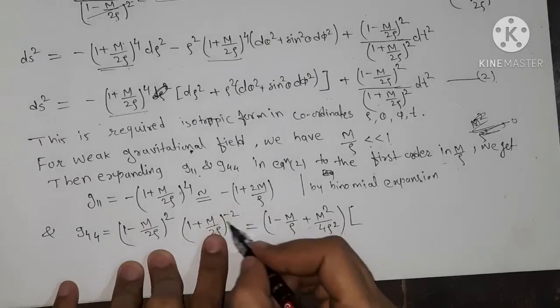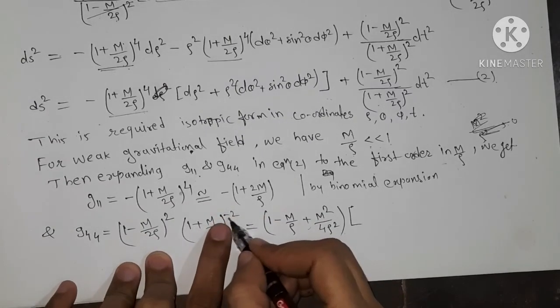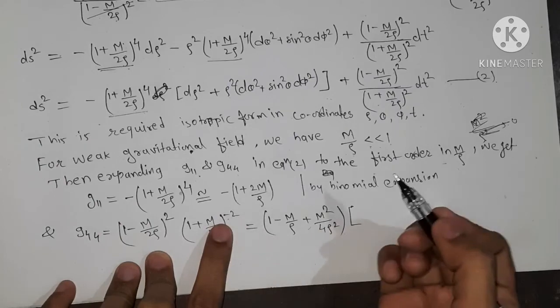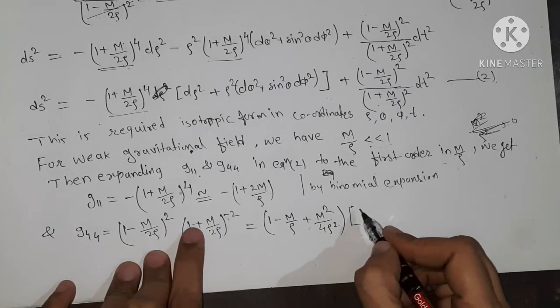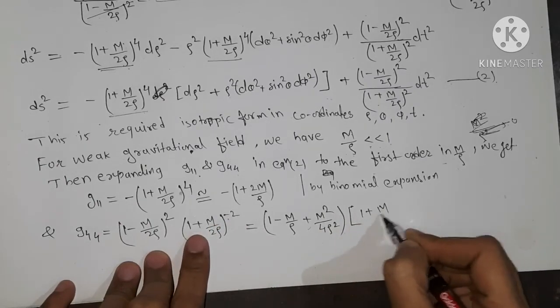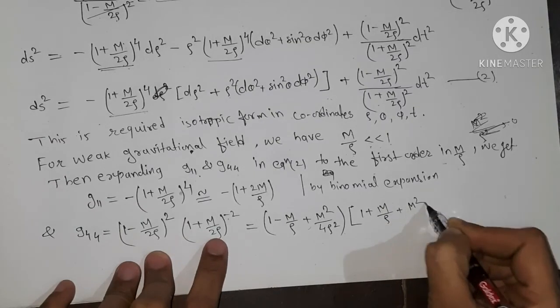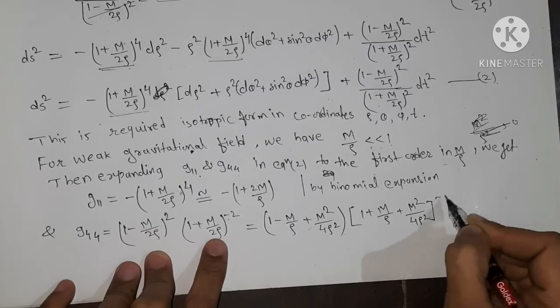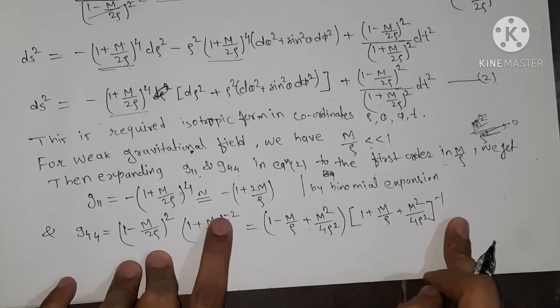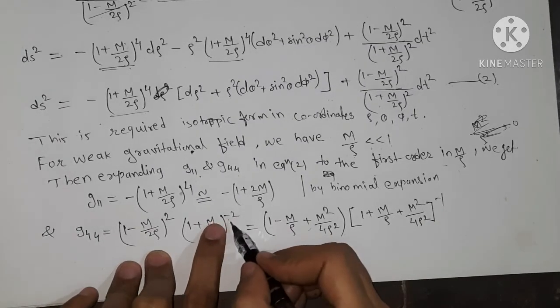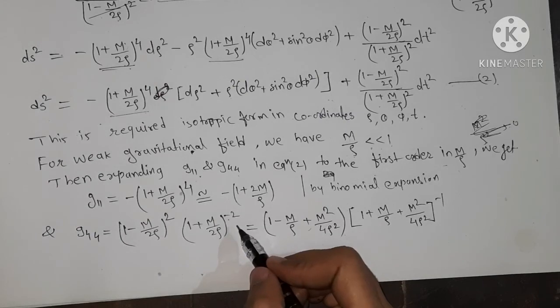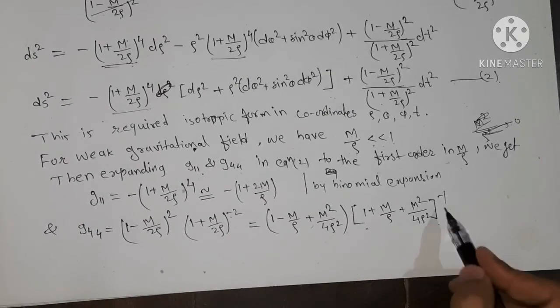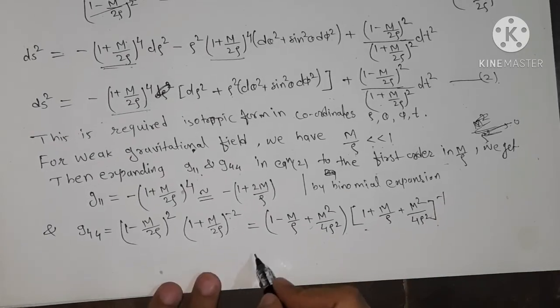Minus 2 is here, so we can write this as 2 times minus 1. So we expand 1 plus m upon rho plus m square upon 4 rho square whole to the power minus 1, and we are writing this minus 2 as minus 1 into 2, so we are taking the squaring and the power minus 1.